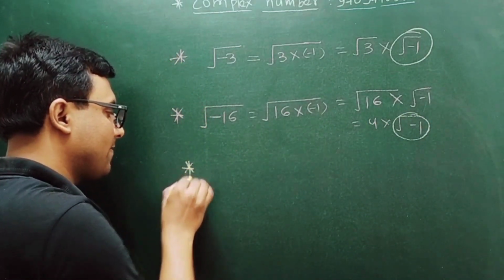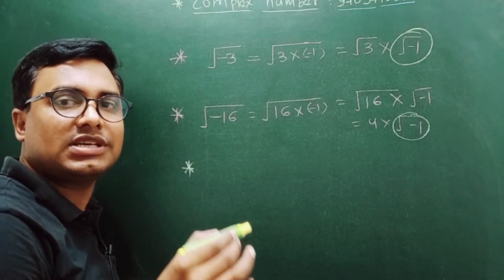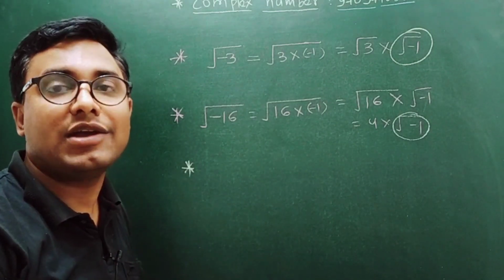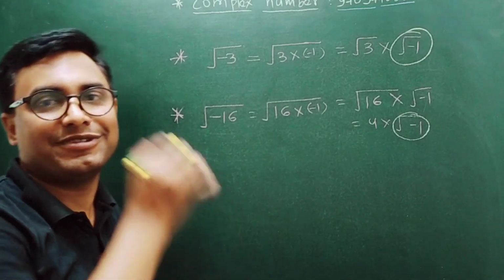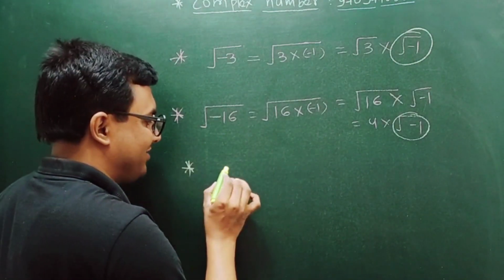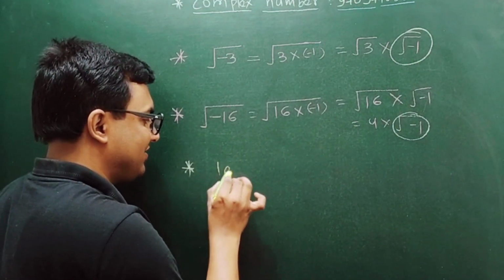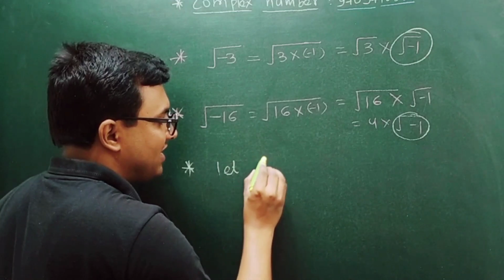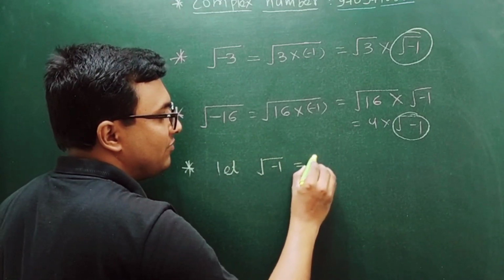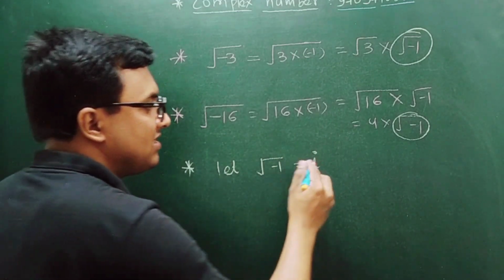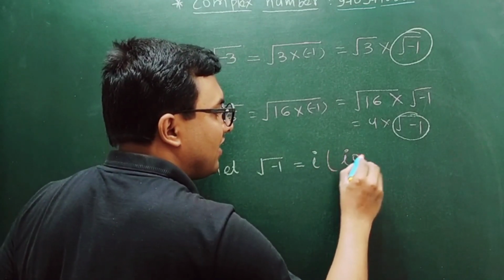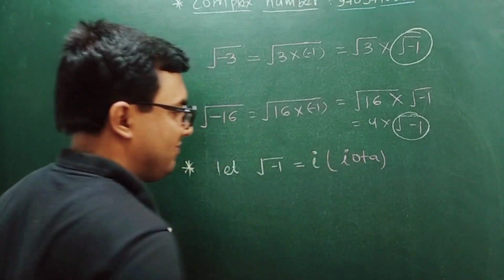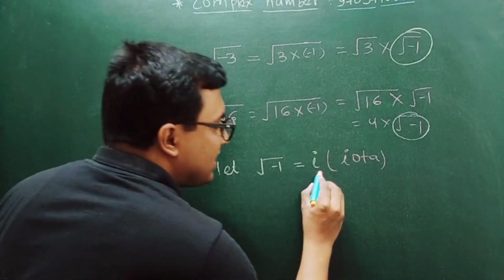So we use a symbol iota for root under minus 1. This is the main concept. Let root under minus 1 be equal to iota. What is iota?